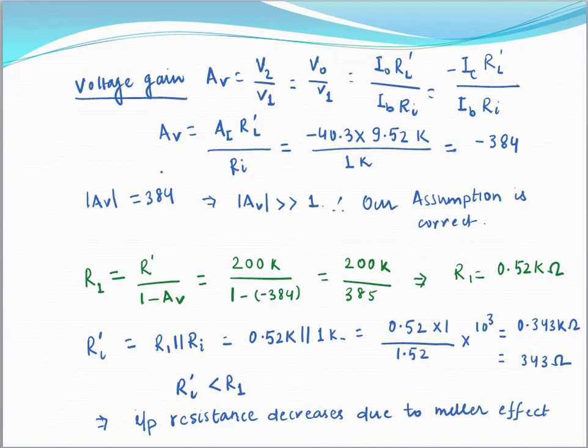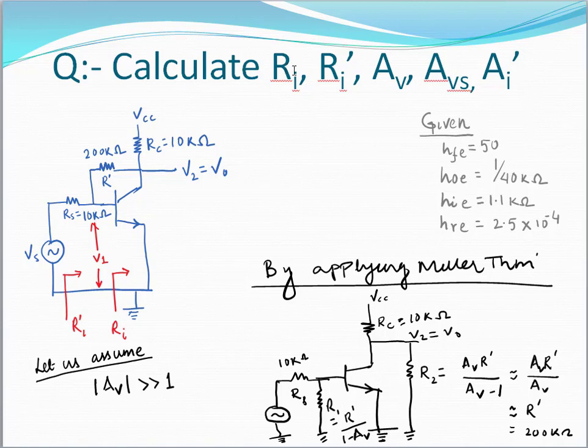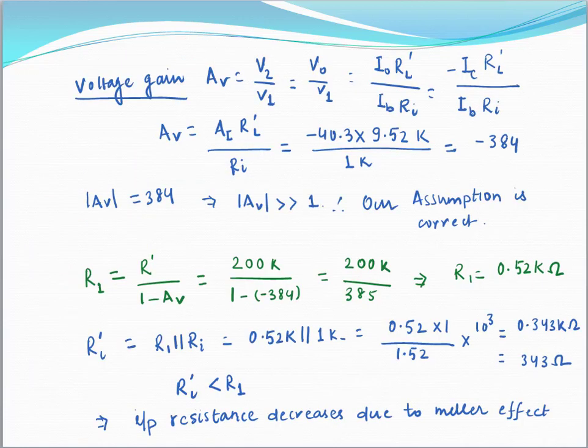So what we have calculated here: Ri we have calculated, Ri dash we have calculated, Ai we have calculated, Av we calculated, AVS is left. AVS is considering the value of Vs. So let's calculate the value of AVS.